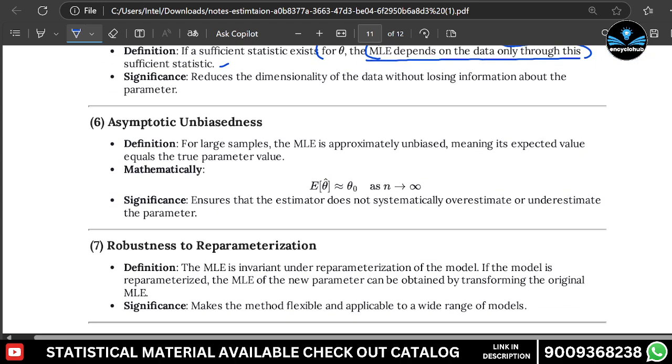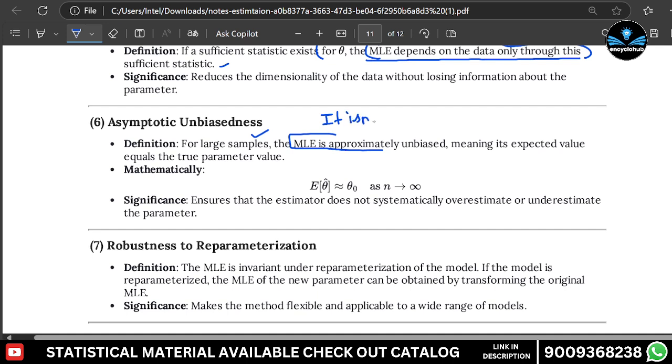Now the next one is asymptotic unbiasedness. Asymptotic unbiasedness means theta cap is similar to theta when n tends to infinity. For large samples, MLE is approximately unbiased, but it is not necessarily unbiased.